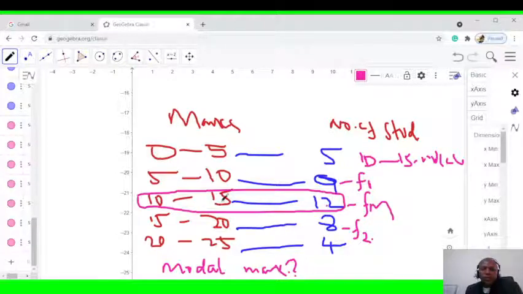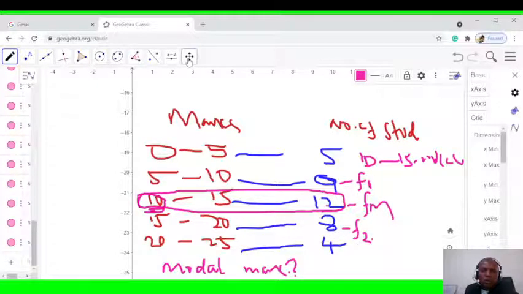Remember, this modal class has a lower class boundary, and 10 is the lower class boundary. 15 minus 10, which is 5, is the class interval. FM is 12, F1 is 9, and F2 is 8.